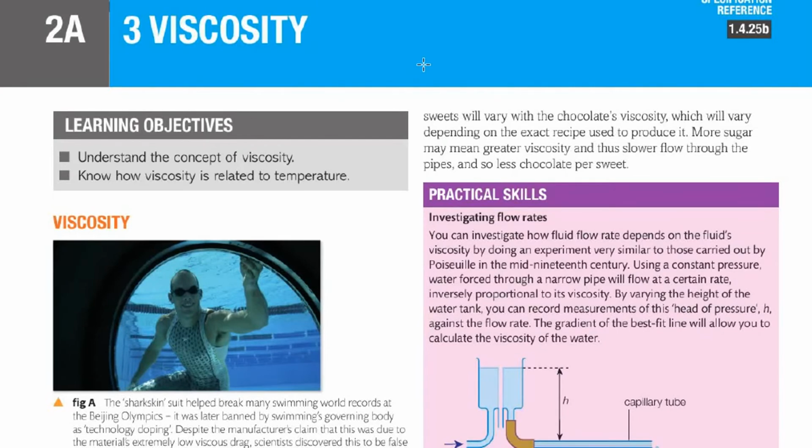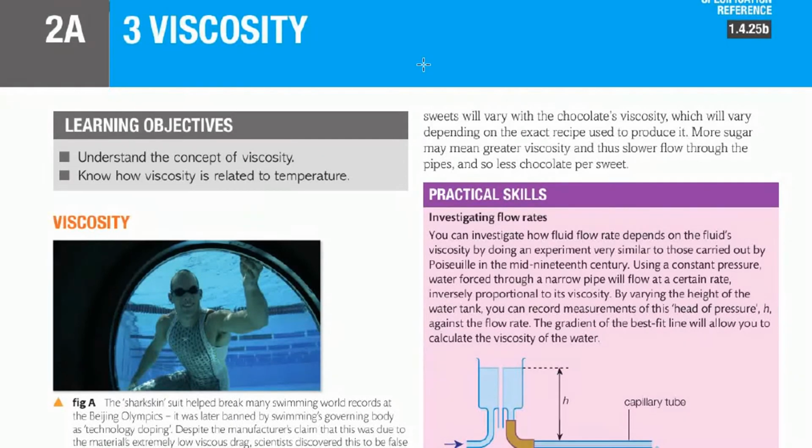Viscosity is dependent on temperature, but you need to keep in mind that liquids and gases respond in the opposite manner. In liquids, the correlation is negative, so as temperature increases, the viscosity decreases. This happens because temperature increases the kinetic energy of molecules, and they become less tightly attracted to each other.